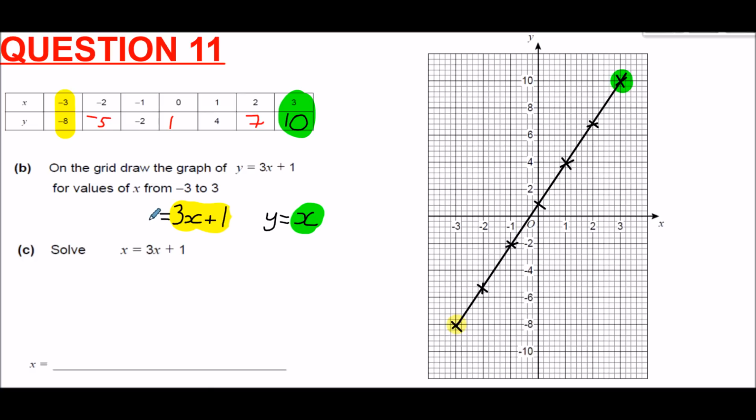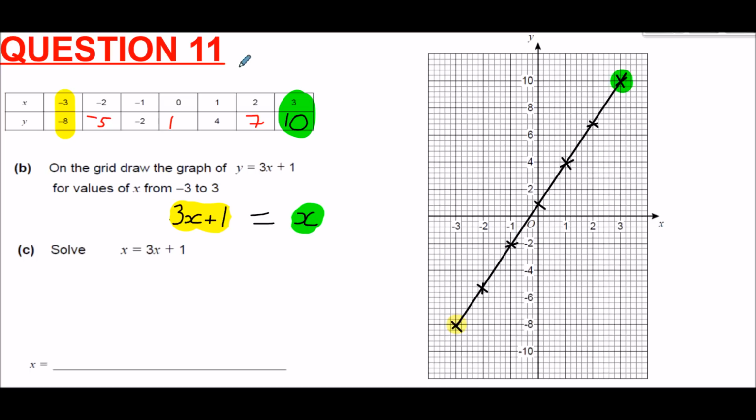And so if we were to draw the graph of y equals x and see how it crosses the graph we've already drawn, that would solve for us the equation where x is equal to 3x plus 1, because where one is equal to the other is where the lines would cross over.